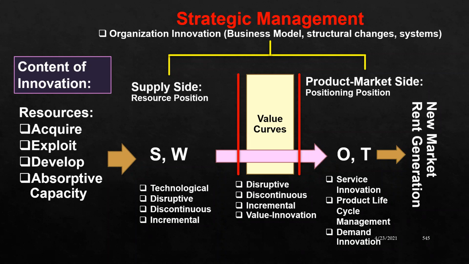Even on the resources side, how are we going to acquire the resources? How are we going to exploit the resources? How are we going to organize the resources? How are we going to orchestrate the resources, like using the concepts of the shared economy, or the concepts of business ecosystems? The entire resource management is different.